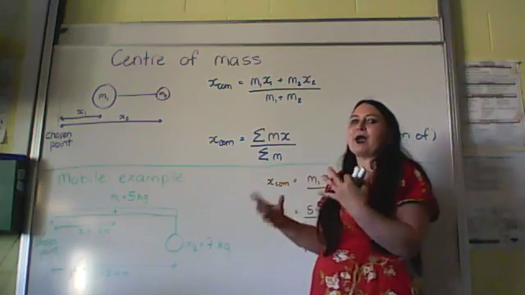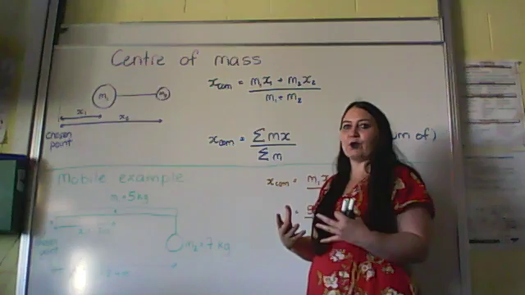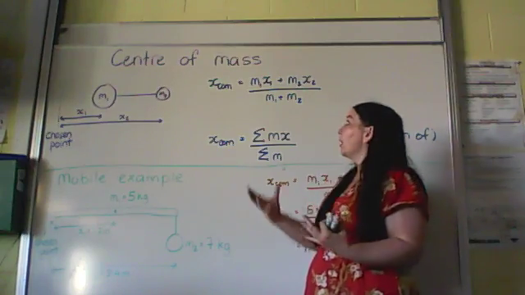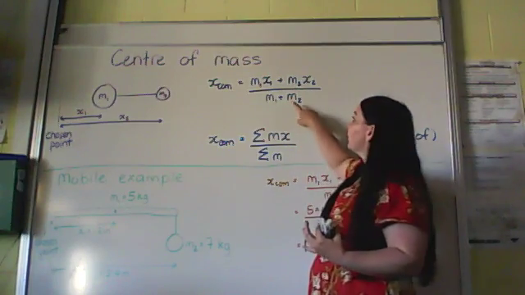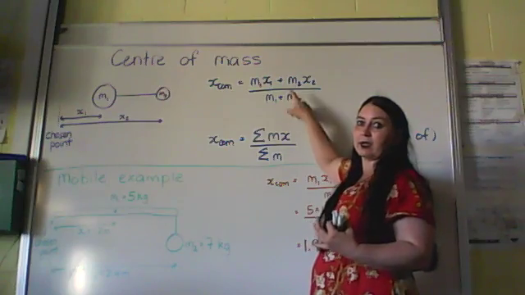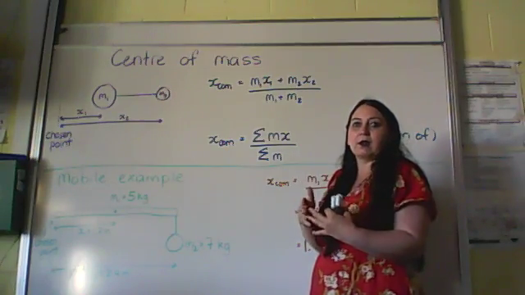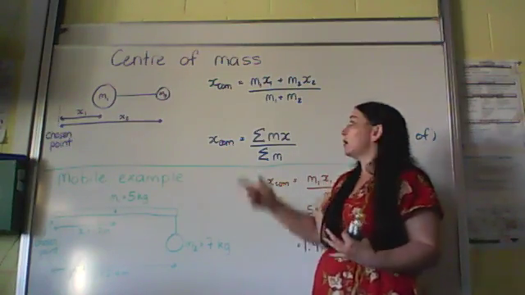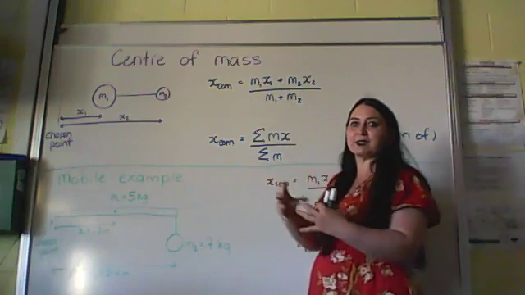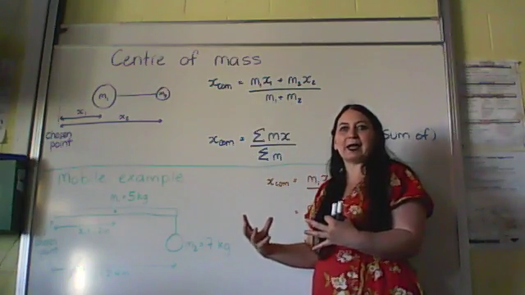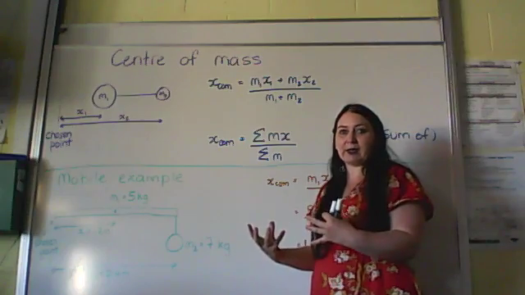This gives some weighting to the mass. So if the two masses are the same, obviously the masses cancel out and the centre of mass is in the middle. On the other hand, if the masses are different, the larger of the two masses will weight the centre of mass more towards one end than another.